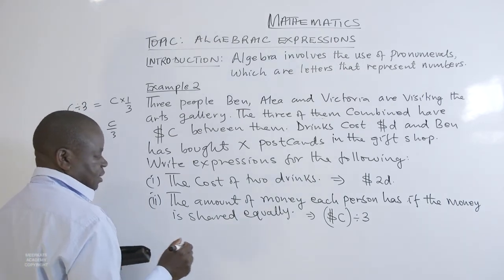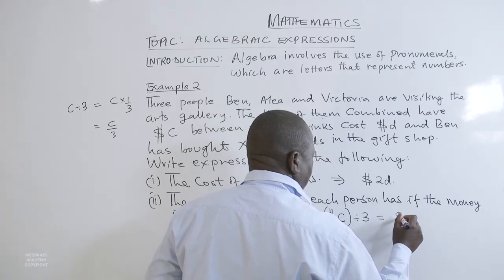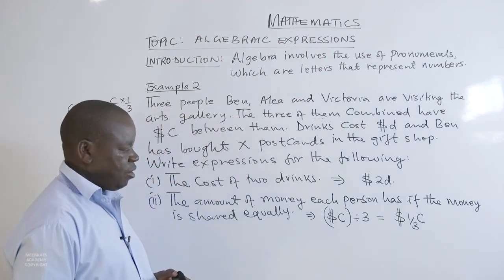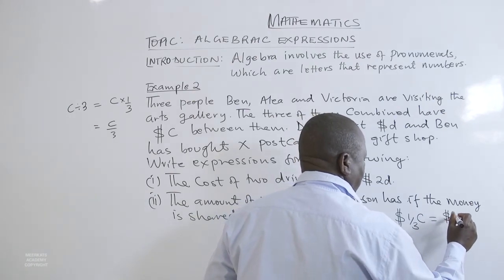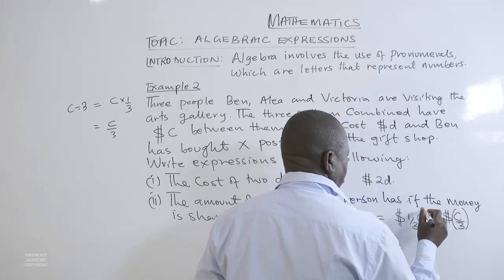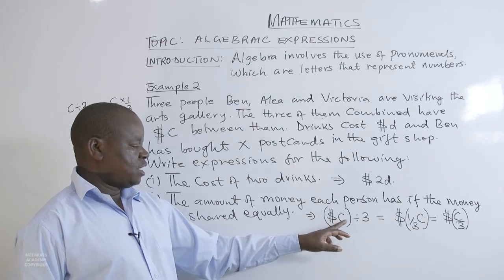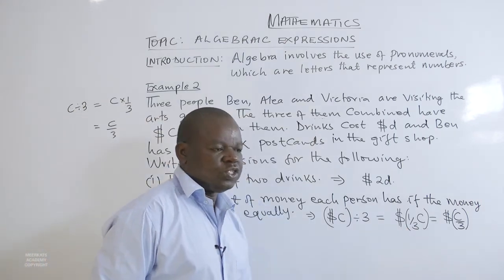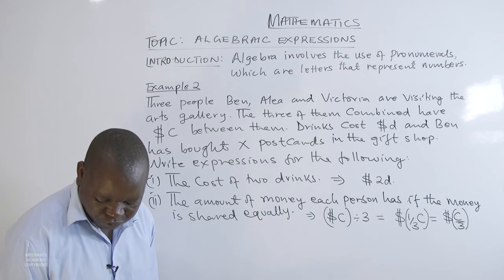So C dollars divided by 3 will be the equal amount of money each person will contribute, which we have continued to simplify in that particular respect. Let's move on to the next question on that.